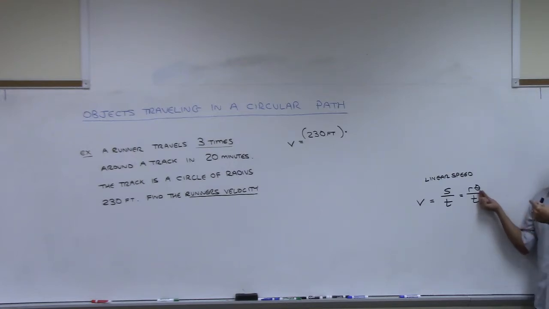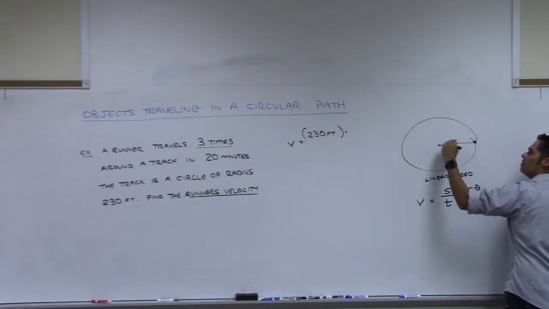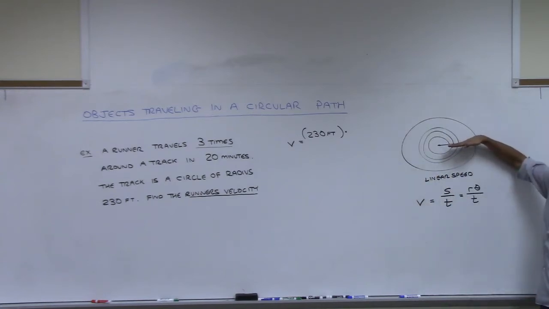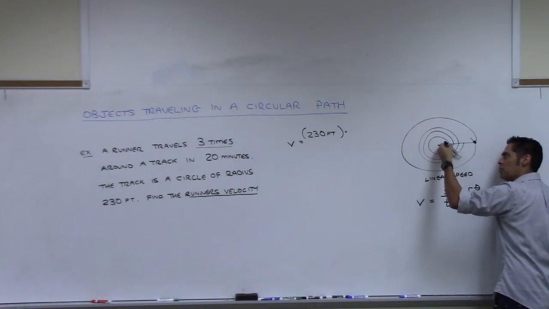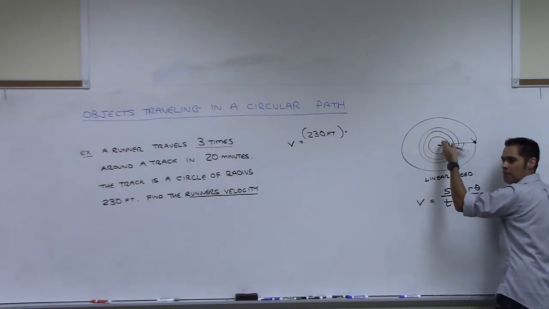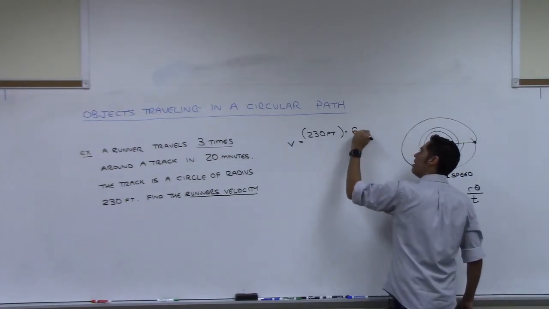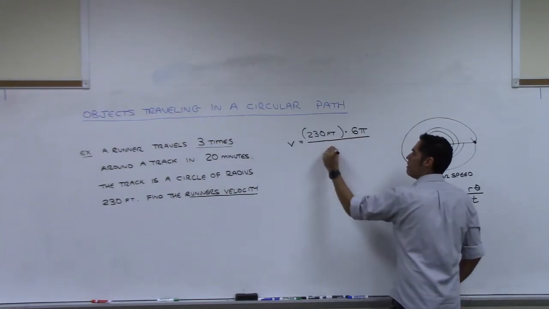It's not the angle that you started at and then you end, because the runner starts, let's say, at this point right here, goes around 1 time, 2 times, 3 times. You're not saying that your angle is 0 because you ended up here. You have to look at this total measurement. It's like 0, and then there's 2 pi, and it keeps going. That's 3 pi, now it's 4 pi, then 5 pi, now it's 6 pi. So this is going to be 6 pi. Any questions on that part? Over 20 minutes.